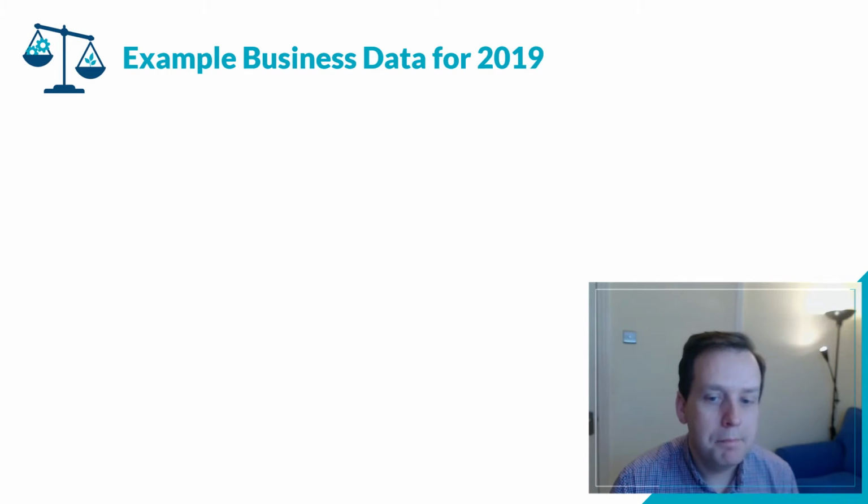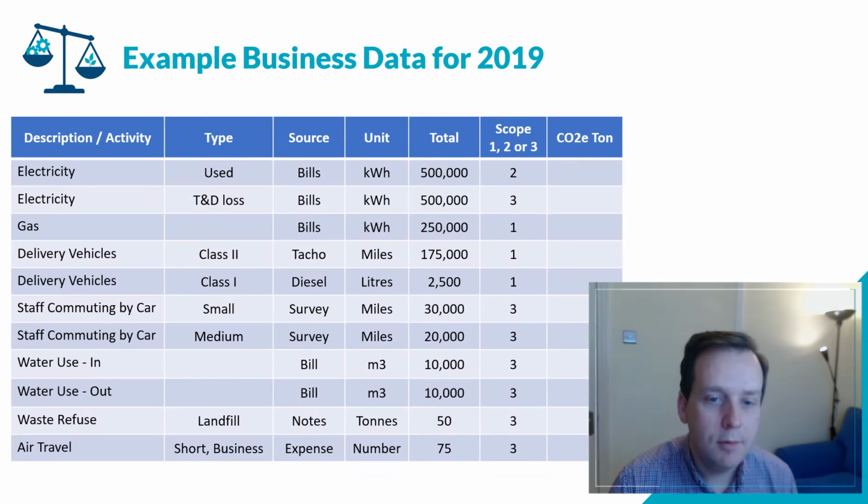So back to the example data. Firstly, we'll convert it into this table, and what you can see is firstly some of the items seem to have doubled up. So electricity has doubled up, delivery vehicles, staff commuting, water usage. So electricity is primarily scope 2 for a business. So that's the electricity the business actually uses.